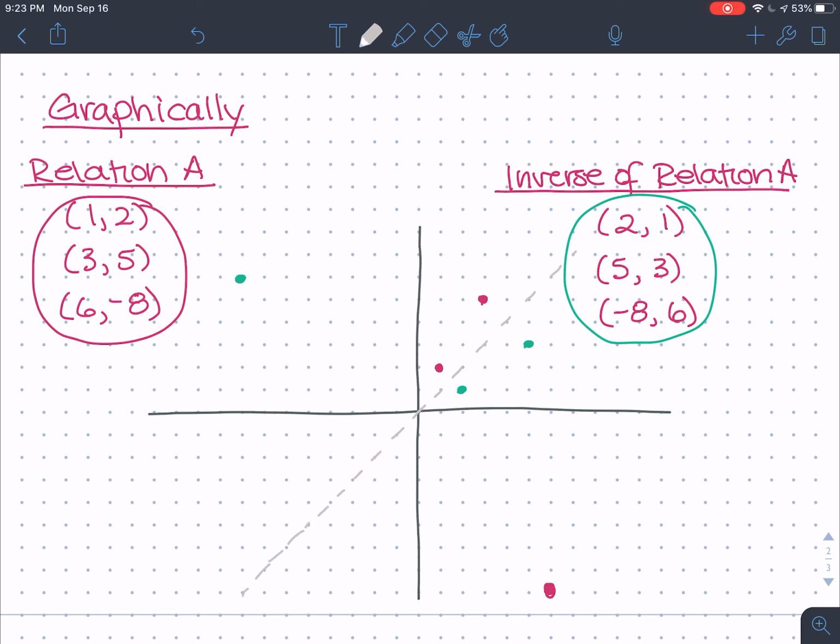If I folded the screen along that dotted line, you'll see the red points line up with the teal points. And hopefully you recognize this line as y equals x.